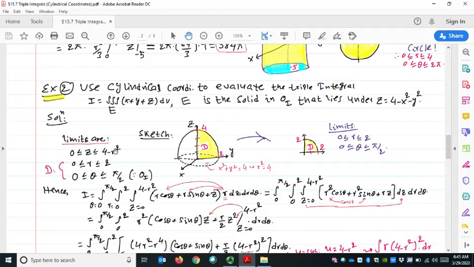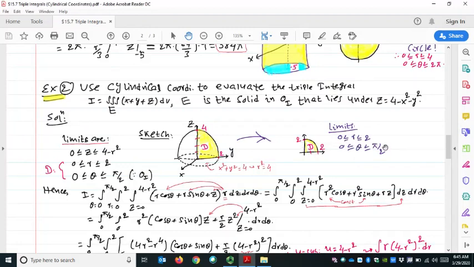And for the r and theta limits, project this region in 2 dimensions, which is simply a quarter circle in the first quadrant. Then the circle's radius is 2, so r varies from 0 to 2, and in the first quadrant theta varies from 0 to pi over 2.